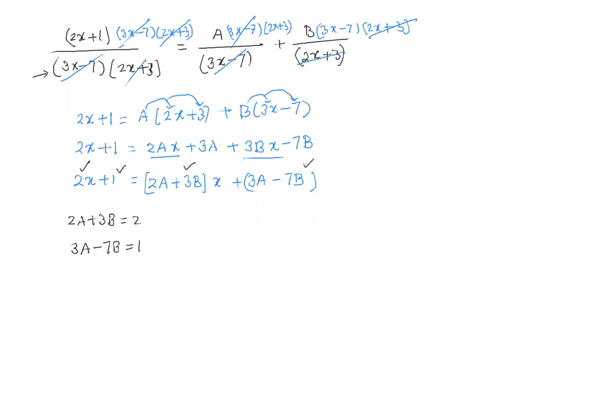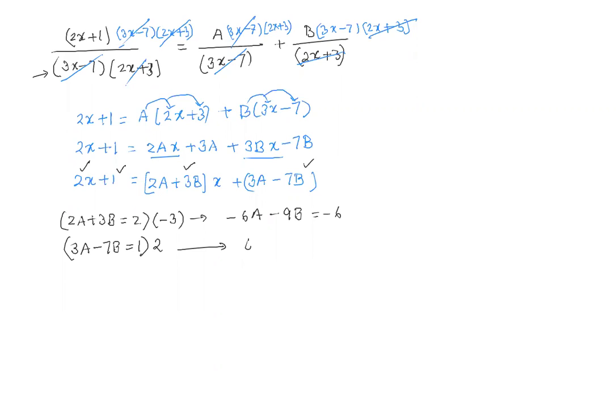I would multiply the top equation by -3 and the bottom equation by 2. That would result in -6A minus 9B is equal to -6.